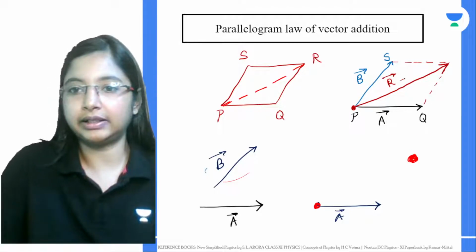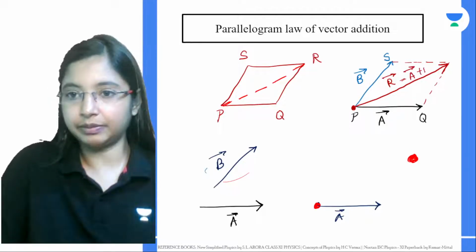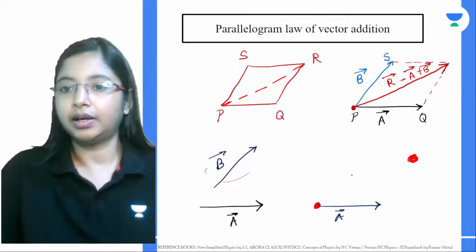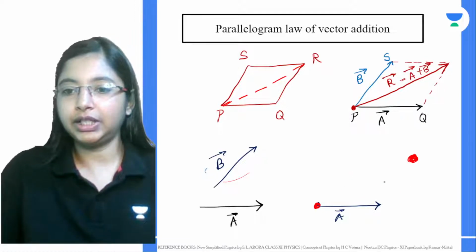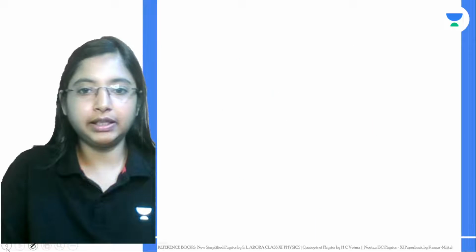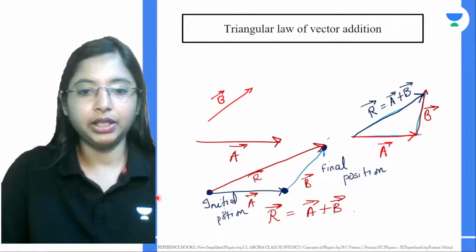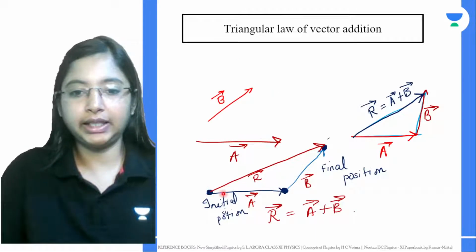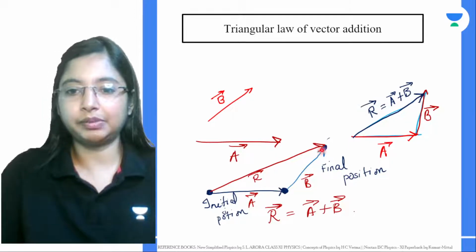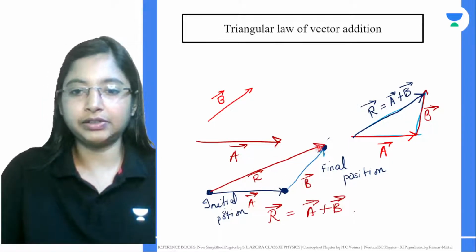This resultant is A vector plus B vector. Now, in case of the triangular law, you are hitting the marble from here to here and then from here to here. Let's say from here it has reached the final position over here.